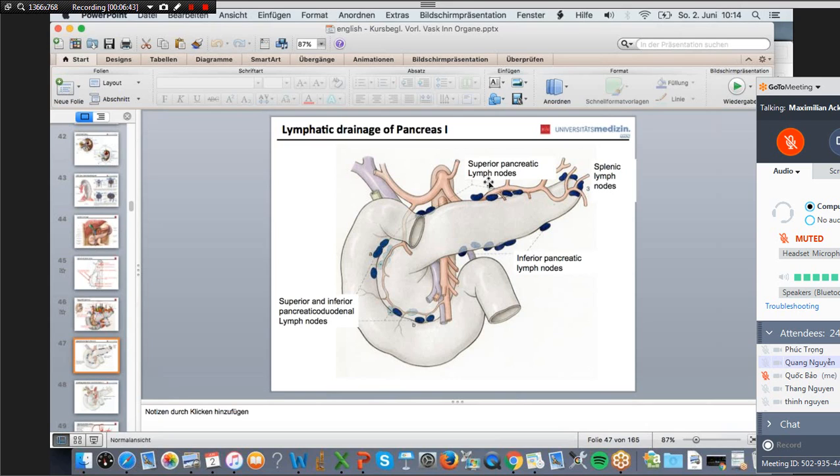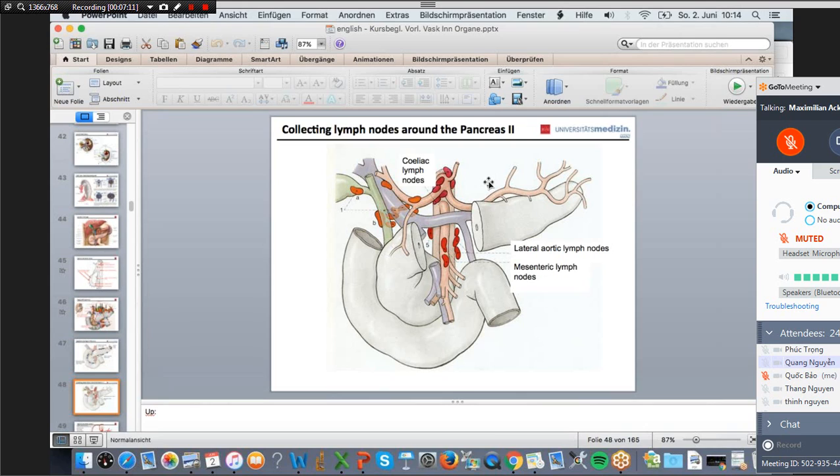So this is mostly the status if you have a diagnosis of a pancreas carcinoma or pancreatic carcinoma. It's very common that you are in a late stage of disease because you have a lymphatic infiltration, which leads then to a very fast progression of disease.